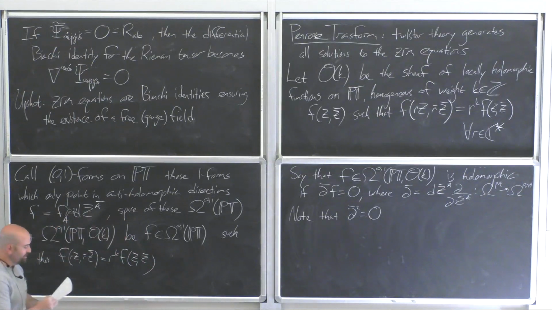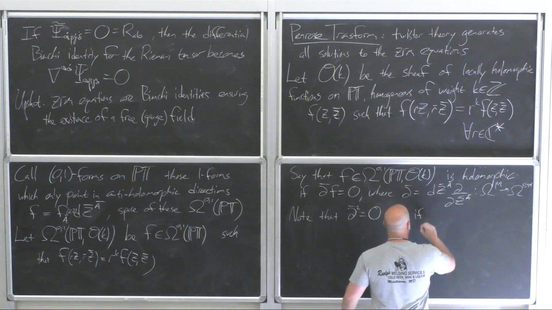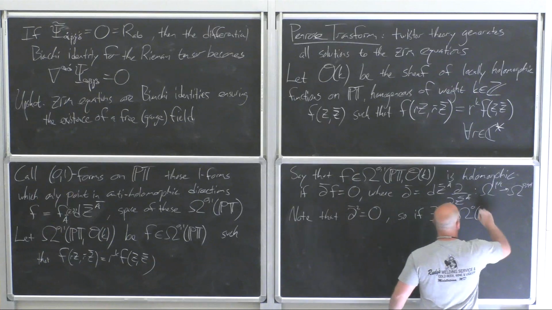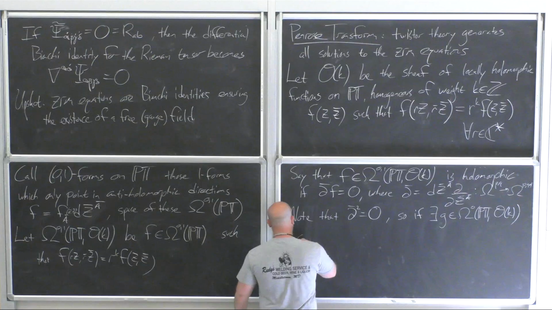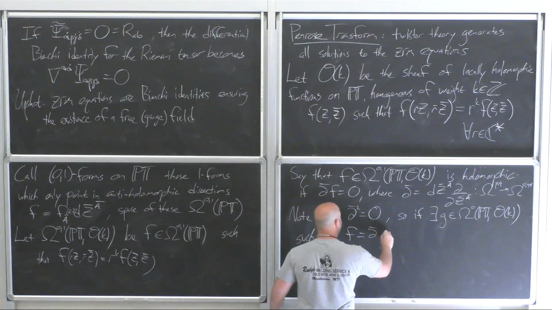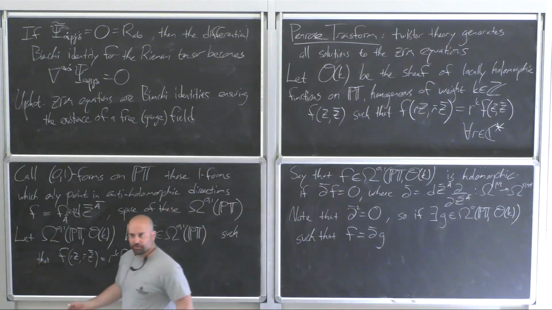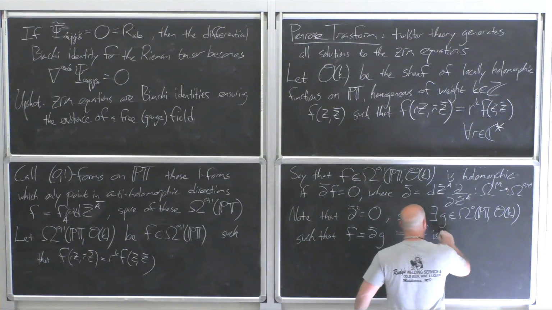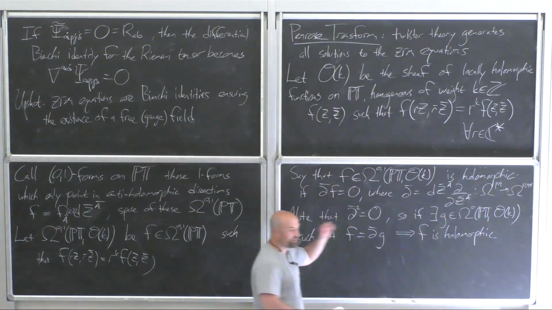So this operator is nilpotent, and so if there exists some function on twistor space of weight k, g, such that I can write my 0,1 form as d bar of that function, it immediately follows that this 0,1 form will be holomorphic, right? Because d bar squares to 0.